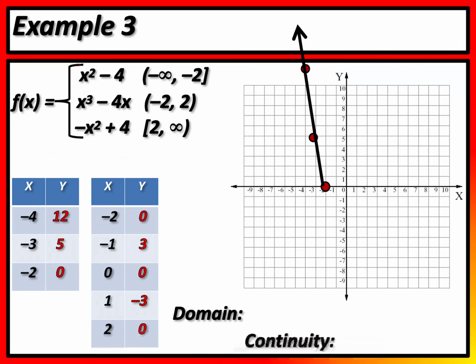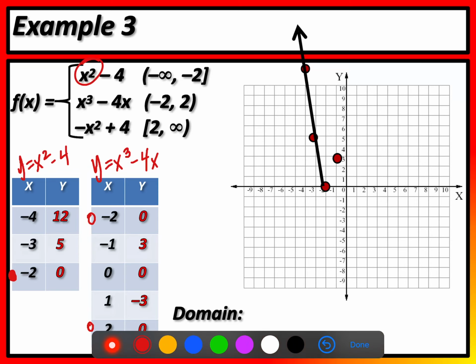That is a 0 there on the bottom. I know that was covered. Plotting those points, so -2, 0. And I want to make a note.